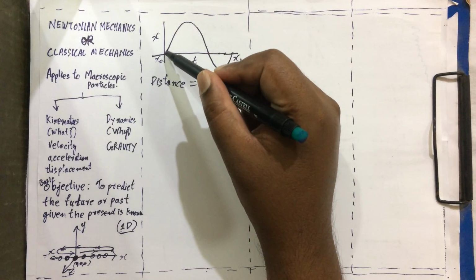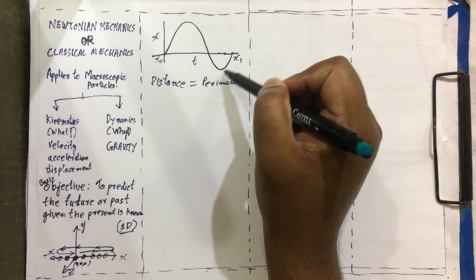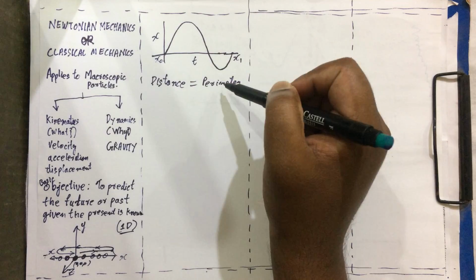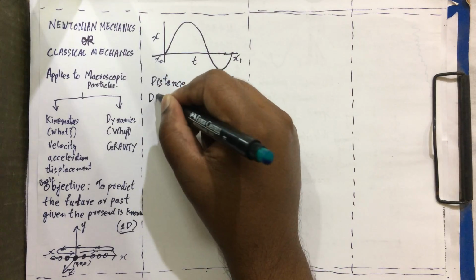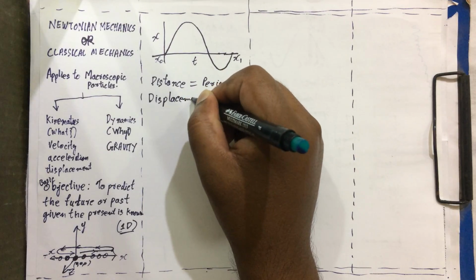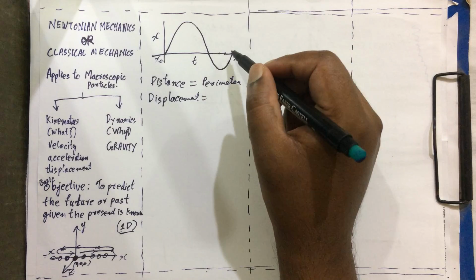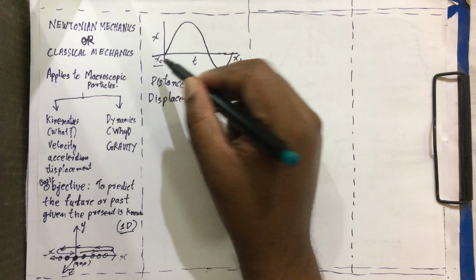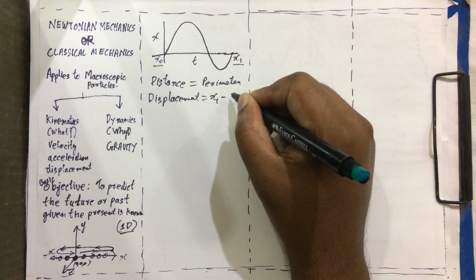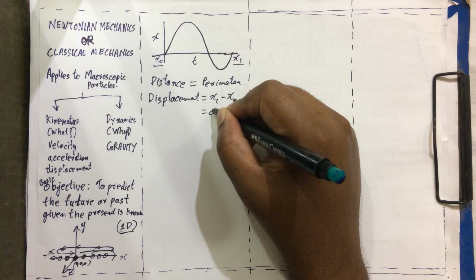If you put a small wire over this and then measure the length of that wire, that is the entire distance. However, there's another concept called displacement, which is the difference between the final position and the initial position, that is x1 minus x0, which is also called delta x.